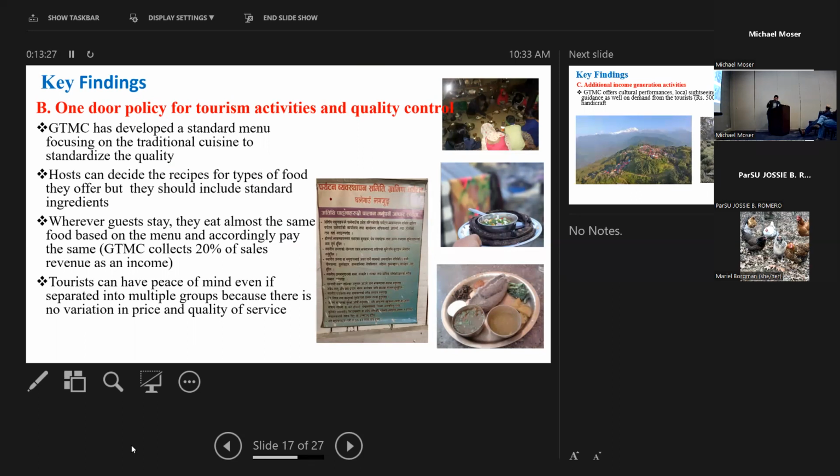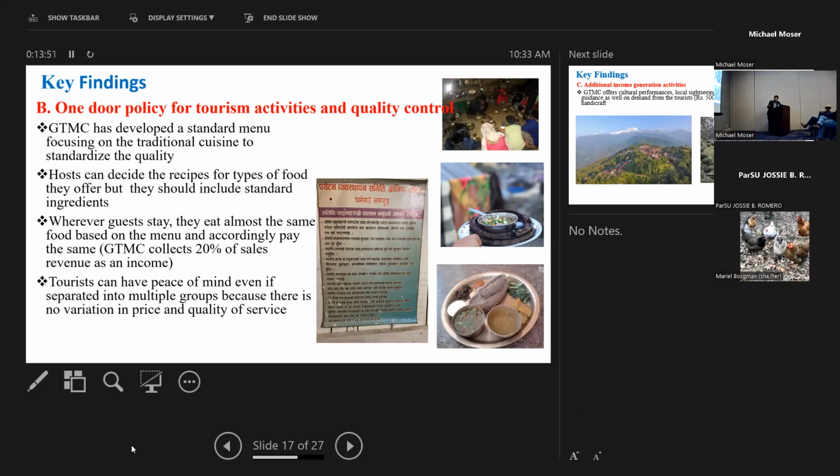If they do not serve these 2 curries, then they get penalties from the GTMC office. They may stop sending tourists for 2-3 months, or they may even cancel their membership.